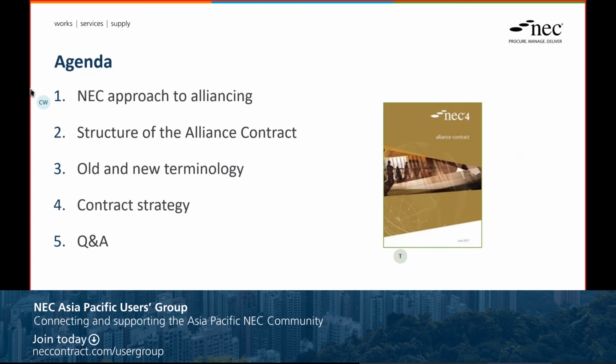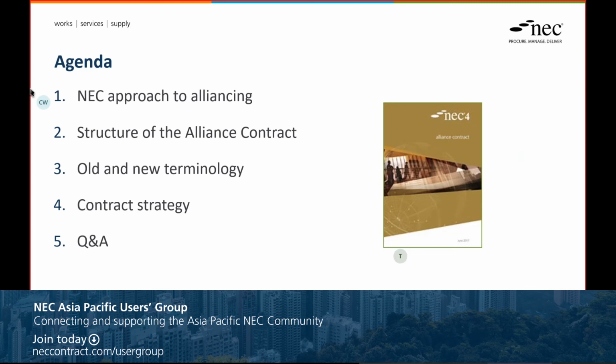So what are we going to look to cover in this session? We look at the NEC's approach to alliancing from a strategic point of view, and a little bit about what alliancing is. We'll then look at the contract itself, the structure of the contract, and how this contract differs a little bit from other NEC contracts from a point of terminology.